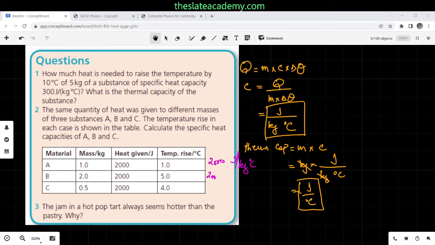It's read this way. For C, it will be 1000.